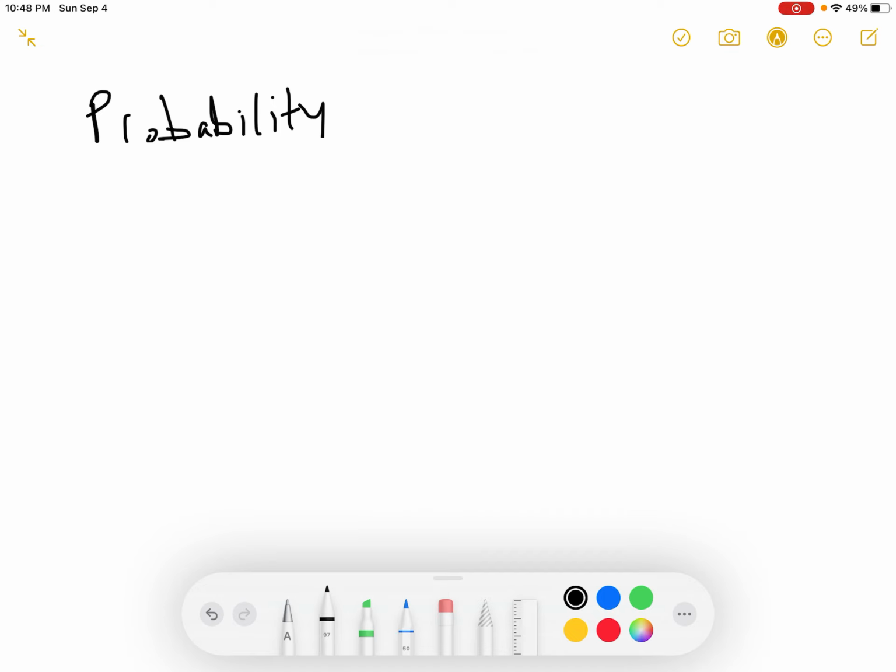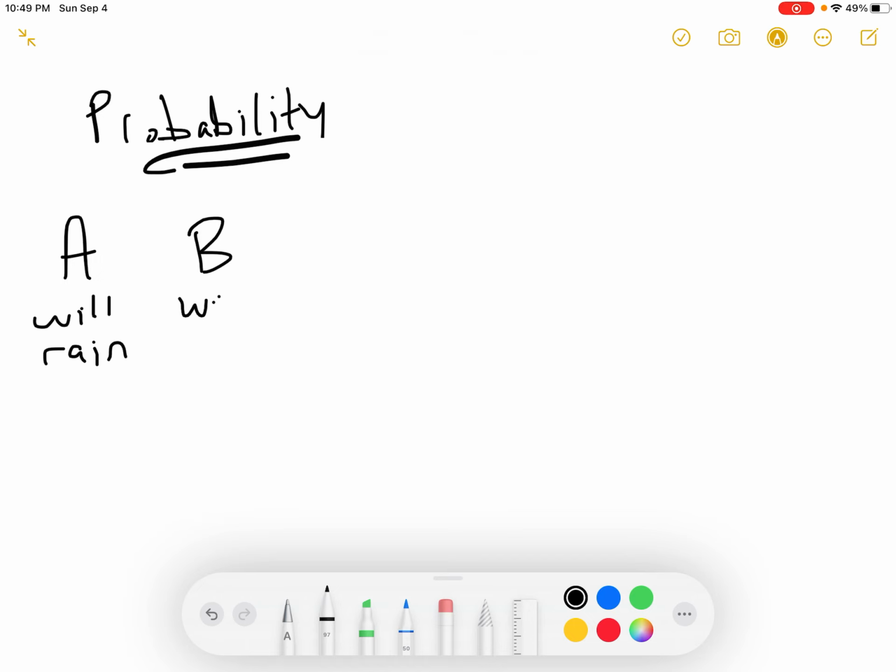But there's some things. Let's say that there's 2 different situations, A and B. So A is that it will rain, and B is there will be wind. First I was going to say won't be rain, but then I realized that wouldn't work.